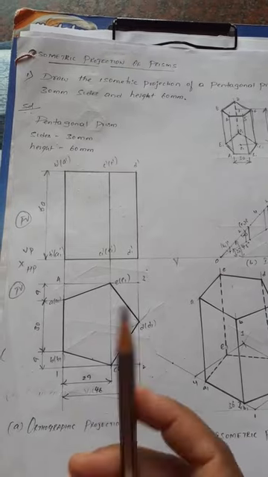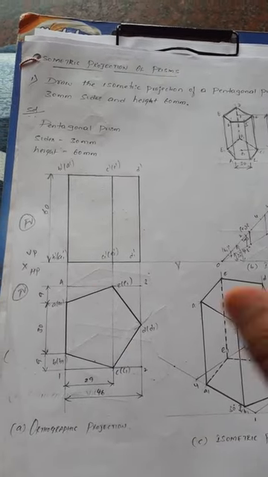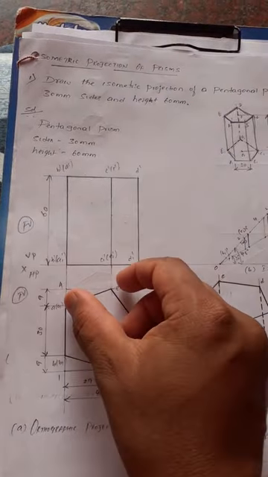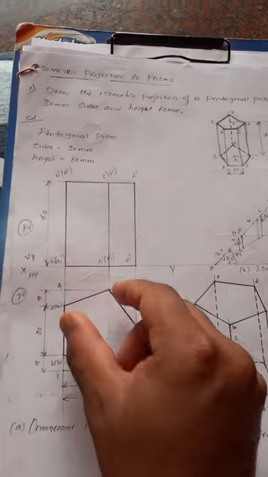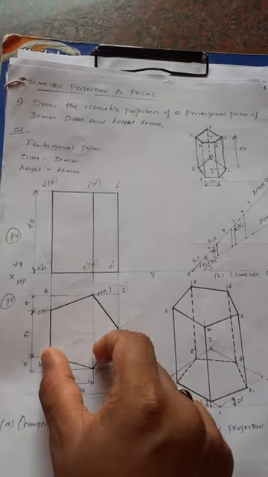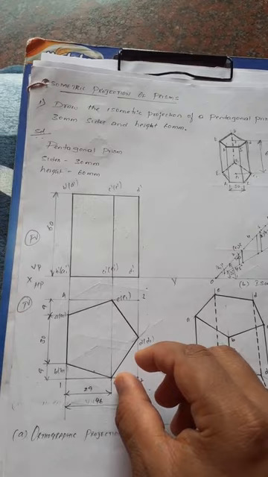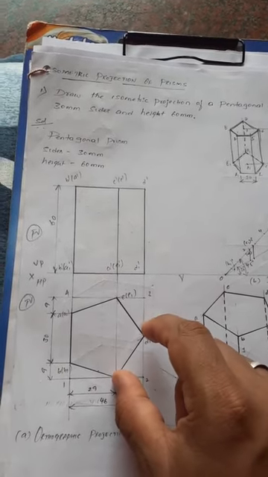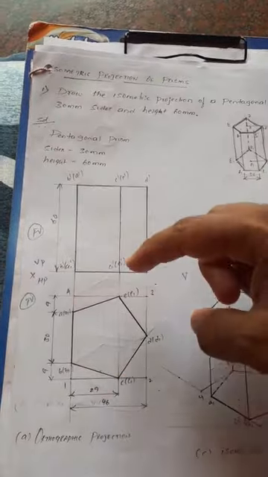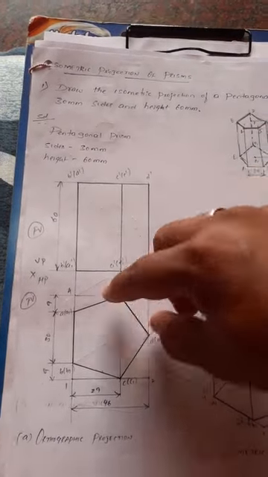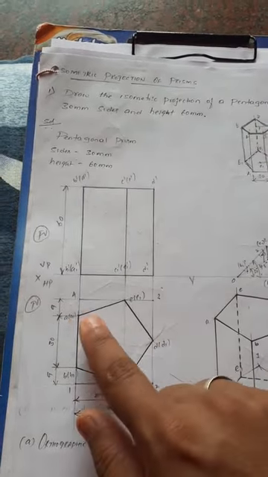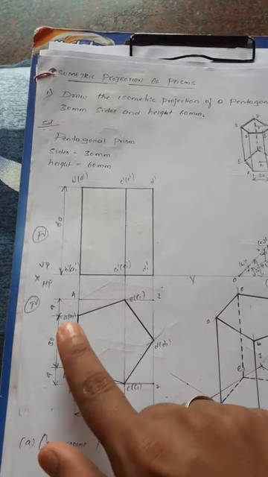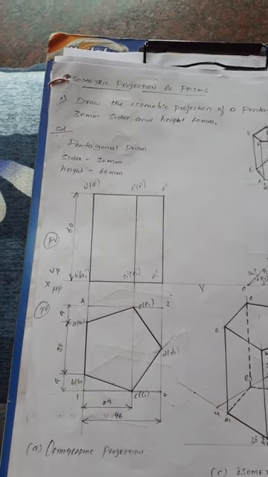Along that vertical line, measure the distance, 30 mm, through the compass. From this center, draw an arc on the 72-degree line. Once you cut the intersection of the 72-degree line and the 30 mm radius, from the intersection draw one more arc, and then you'll get this point. Make it a continuous thick line and you'll get a pentagonal shape.